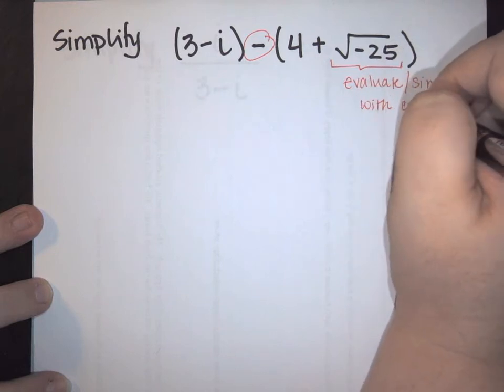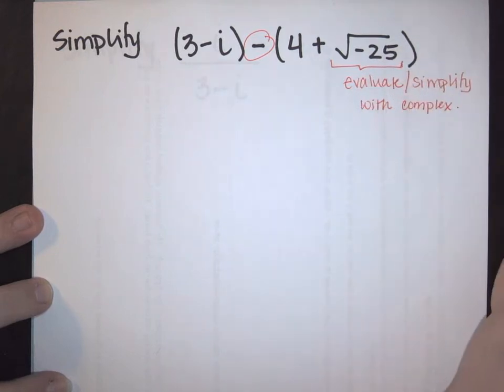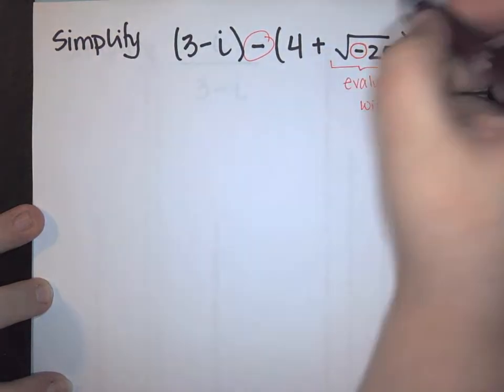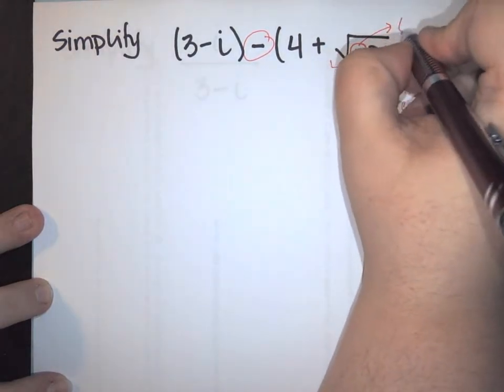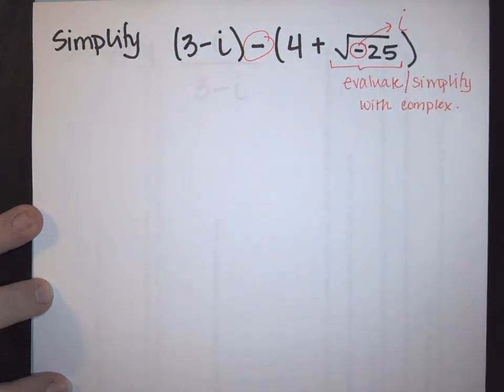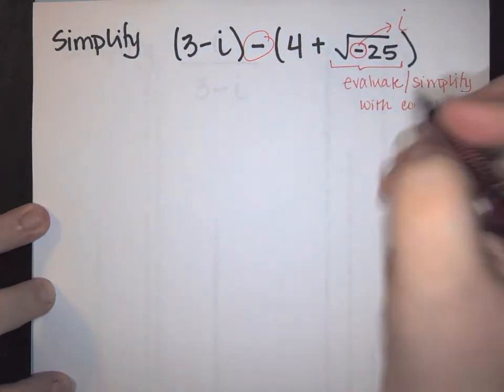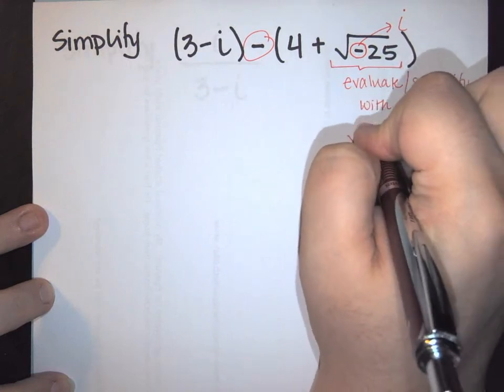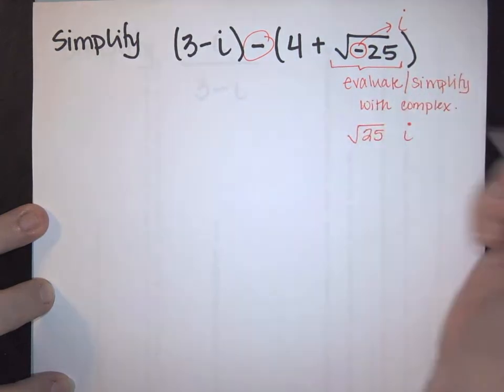with your complex. Okay, so what does that mean? What that means is this negative sign here has to be pulled out of my radical, and this represents your I term. So what happens is we end up getting the square root of 25, and then we have I along for the ride.